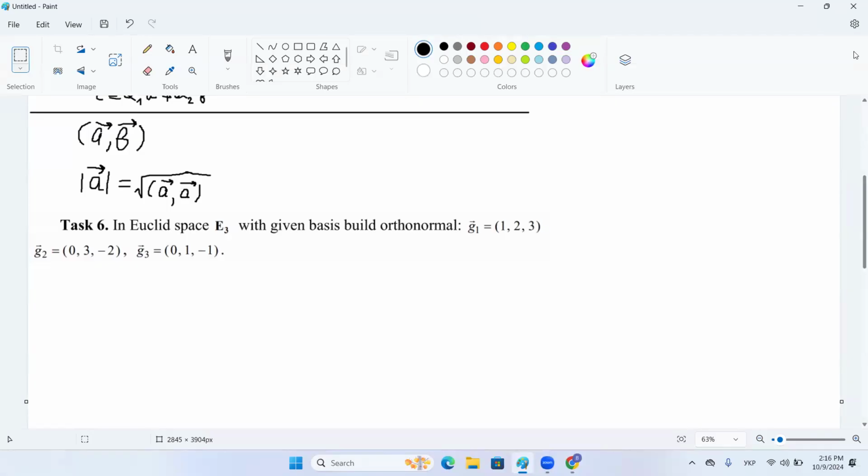And what we have to do is build an orthonormal basis. And what does orthonormal basis mean? Who can answer this question? So how to solve actually?